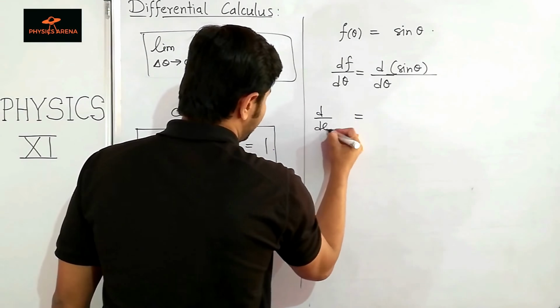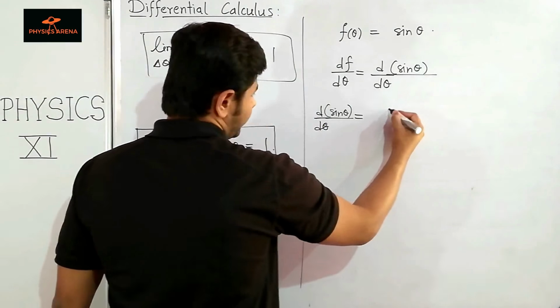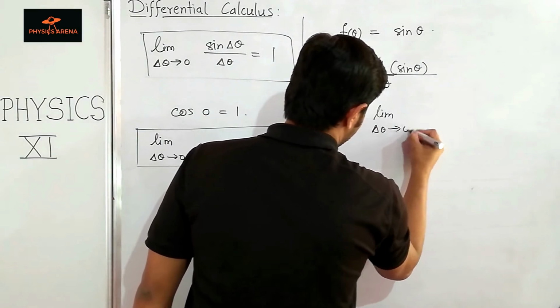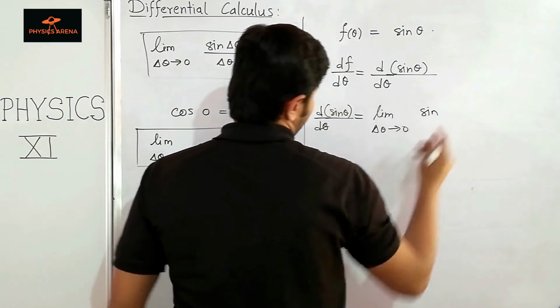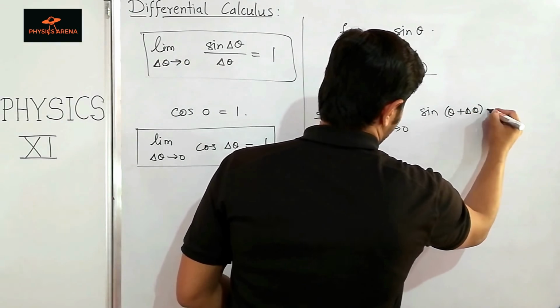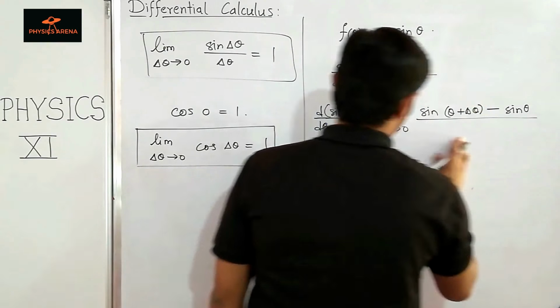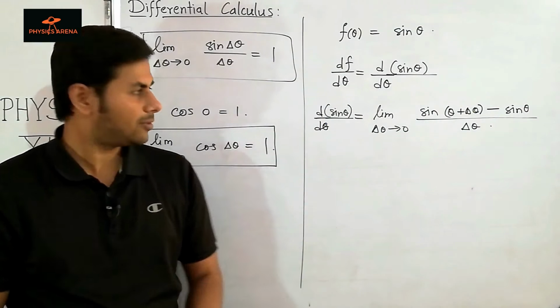So d by d theta of sine theta will be equal to limit delta theta tends to 0, sine of theta plus delta theta minus sine of theta, divided by delta theta. This is just by definition.